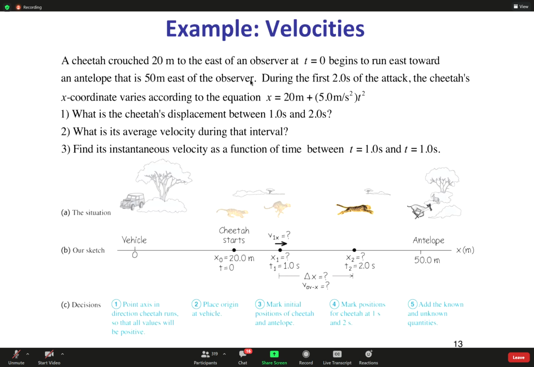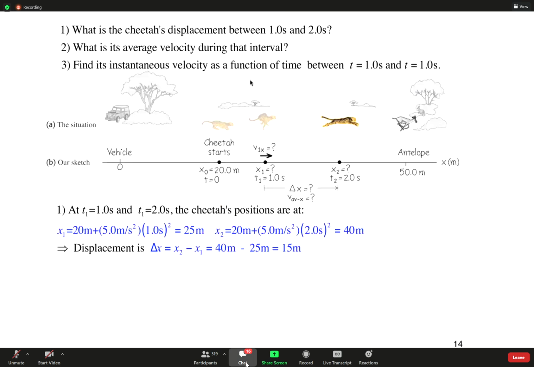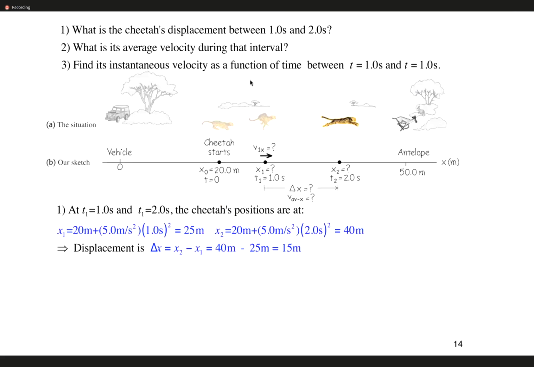So if I want to determine the cheetah's displacement, I need to determine the initial position and the final position. Well, I know my equation for the position, so I just plug the times of 1 second and 2 seconds into the equation, and I subtract the two quantities and I get my displacement.